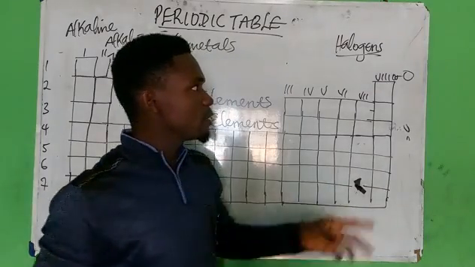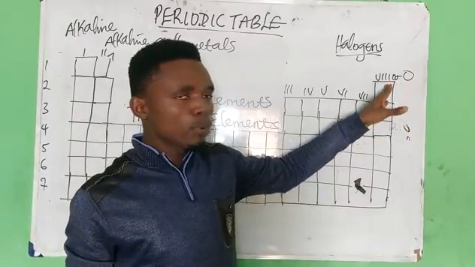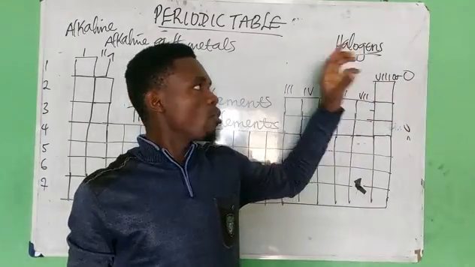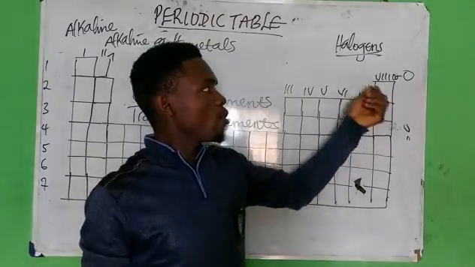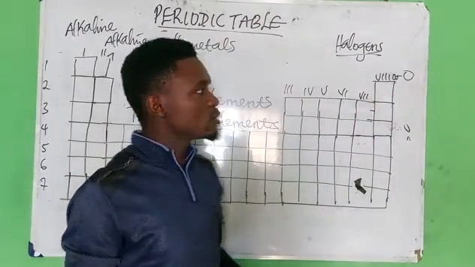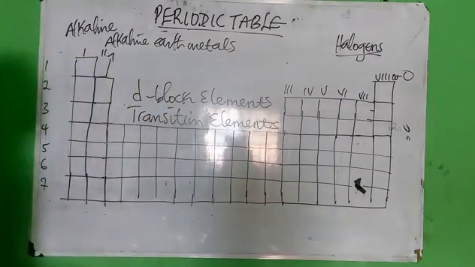The elements found in group 8 or 0 are called noble, inert or unreactive gases because they have an octet or duplet state of what? Configuration.